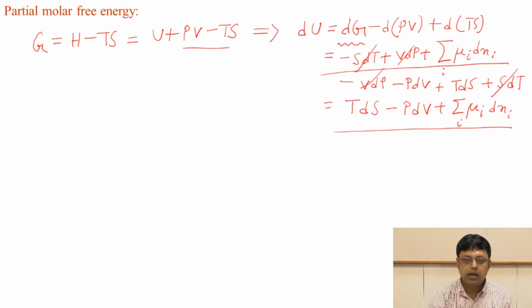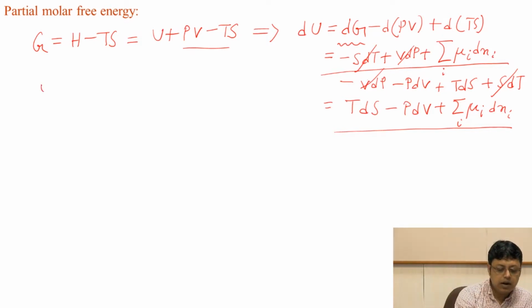So this mu I can be expressed not only in terms of dG but also in terms of other quantities. Remember that we started with mu I as the partial derivative of Gibbs free energy as we change the component I, keeping pressure, temperature and all other components constant.